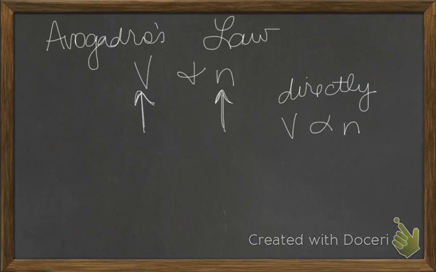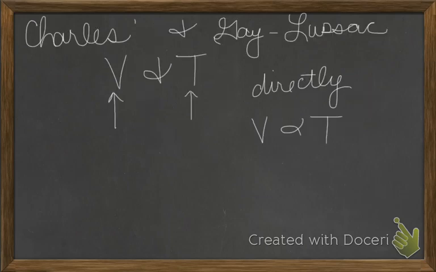If the pressure builds up too much, obviously the balloon's going to pop. Charles and Gay-Lussac's with volume and temperature, a hot air balloon's a great example of that. As you increase the temperature, there's the little flame underneath the balloon that warms it up, the volume likewise increases in the gas. We know hot air rises, right? And that's related to gas density, which we'll get to later.